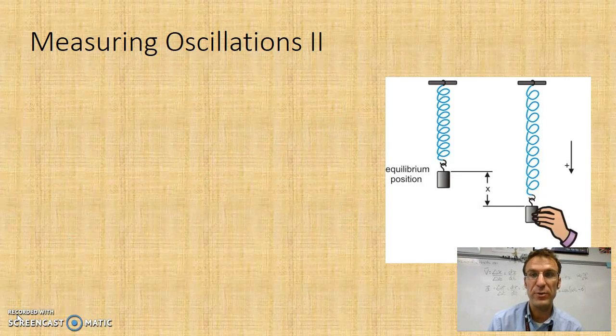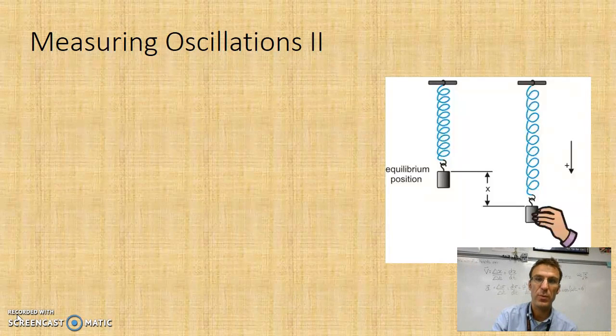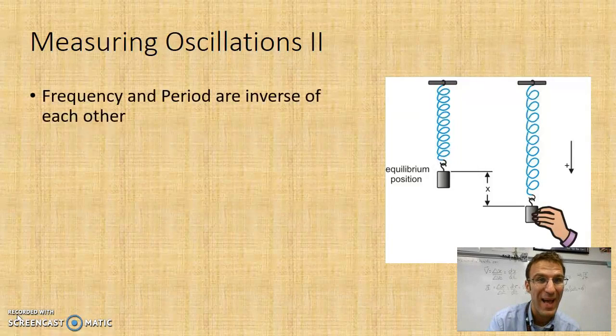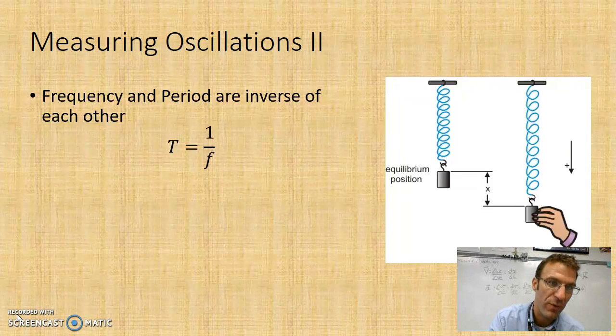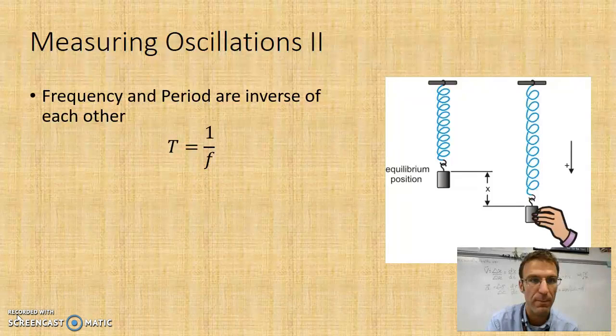All right, now measuring oscillations. There are two things we need to know about measuring oscillations when it comes to frequency and period, and they are the inverse of each other. This makes sense when you really think about it. So I gave you this equation: the period equals 1 over the frequency, or you can rearrange that to say the frequency equals 1 over the period.